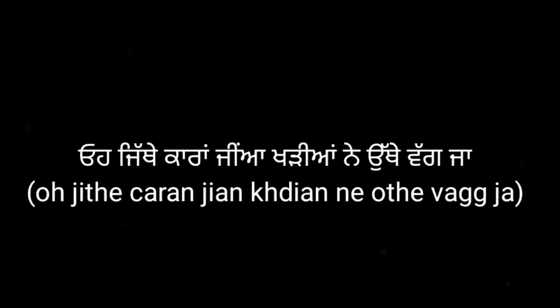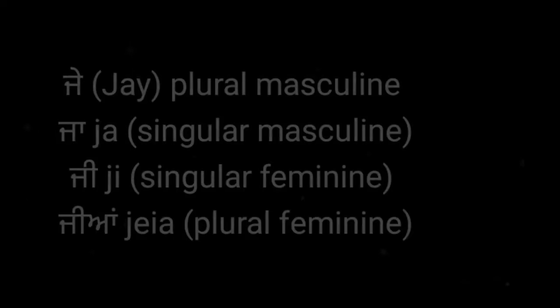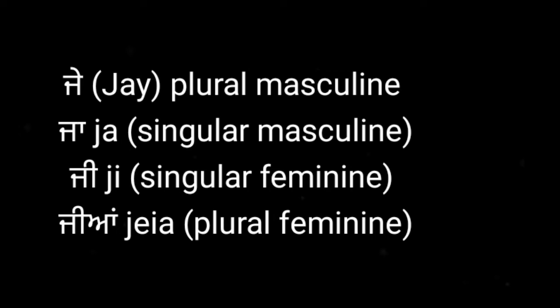So basically your arriving point is right there. Karan jiyaan, so female plural is jiyaan. Masculine or mixed plural is going to be je. And for masculine singular, it's going to be ja.